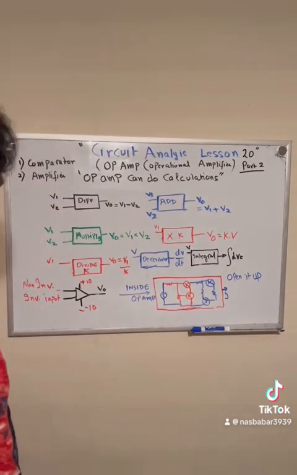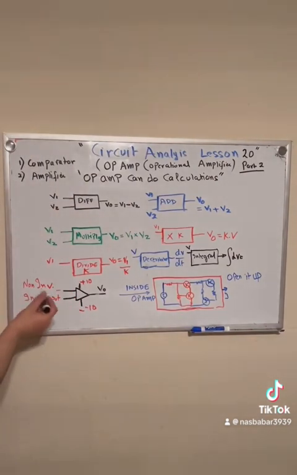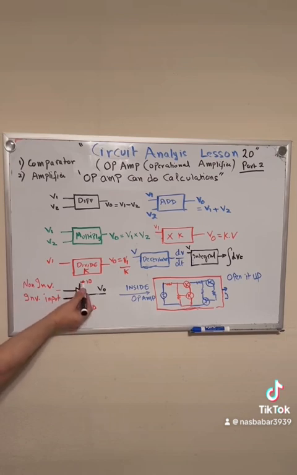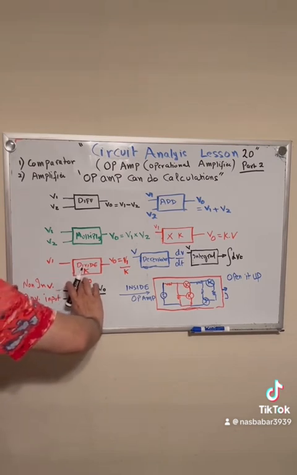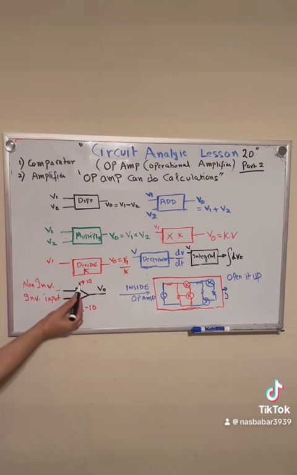So finally, we get to how an op amp looks. This is a picture of an op amp. You have minus, you have plus, and you have plus, minus. This is the voltage source. This is where you will connect your AC source or DC source, right here on these terminals.